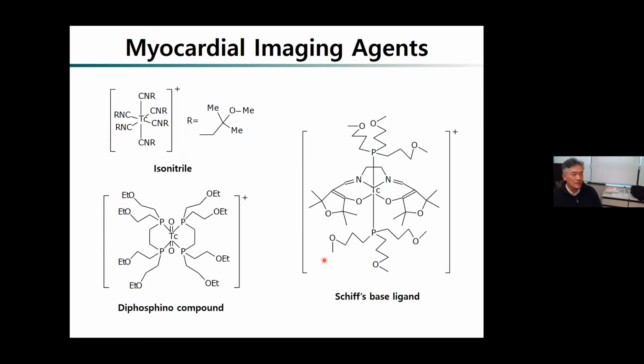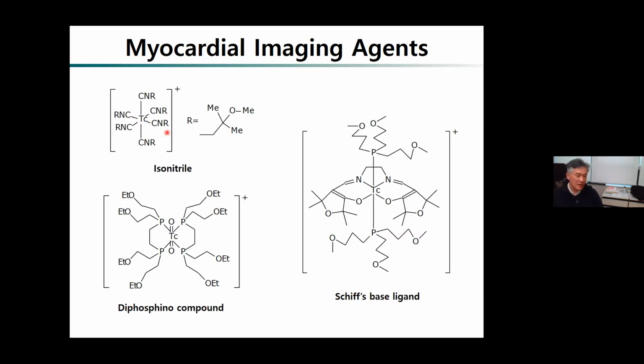Another type of technetium labeled compound is the myocardial imaging agent. Here you can see the technetium MIBI structure, which is highly lipophilic and also positively charged, especially as an ether group is inside the structure.